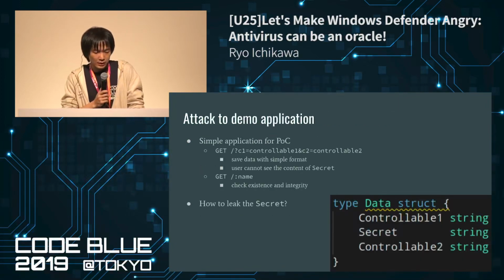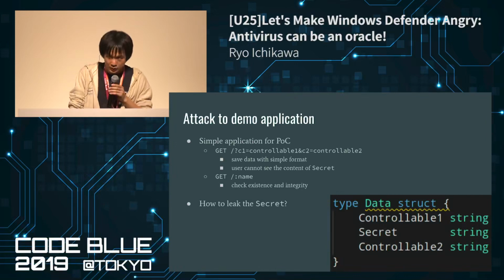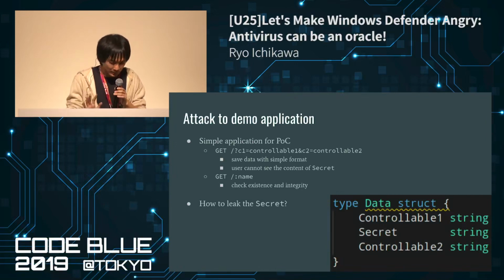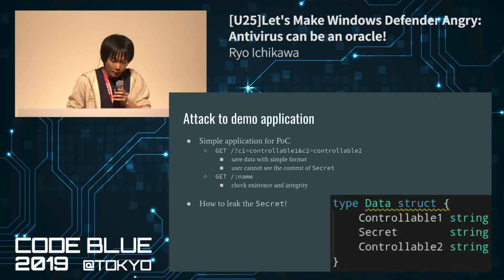So here is an attack on a demo application. This is just a simple application for a POC. This application is not a real-world application. Basically, this application stores controllable area 1 and controllable area 2, which will be given by GET parameters of the HTTP request.